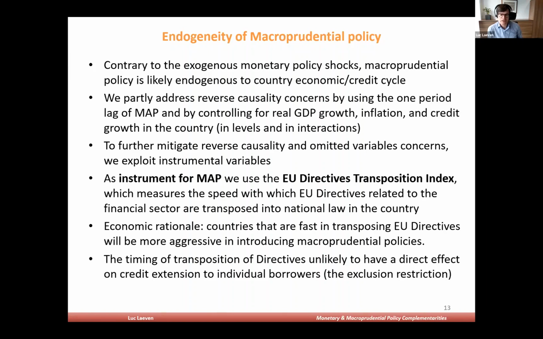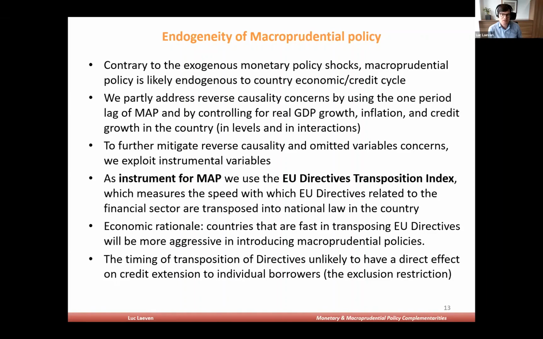For those of you who are not so familiar with this, the EU sets out a number of directives. So this is guidance. These are not pieces of legislation. They become legislation in individual countries when those directives are transposed into national law, and countries have quite some leeway as to the exact nature of how they transpose it and the timing.